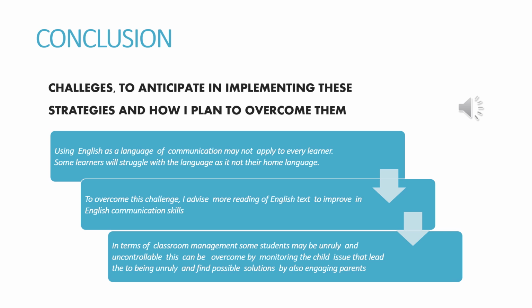To overcome this challenge, I will advise more reading of English texts to improve in English communication skills. In terms of classroom management, some students may be unruly and uncontrollable. This can be overcome by monitoring the child's issues that lead to being unruly and finding possible solutions by also engaging parents.